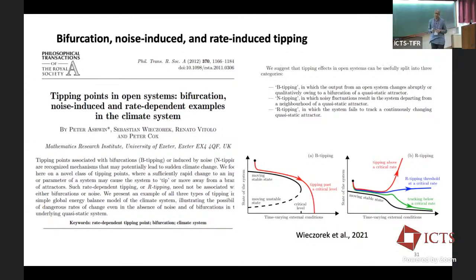I think in some sense, it's not conceptually novel. It's just that in the traditional discussion about tipping points, including in Earth system science, we've always been talking about bifurcation-induced tipping. So not only is the tipping point literature and the documentation of tipping elements of the Earth system largely about those that are vulnerable to bifurcation-induced tipping, but also these cascade effects that were part of the discussion yesterday.